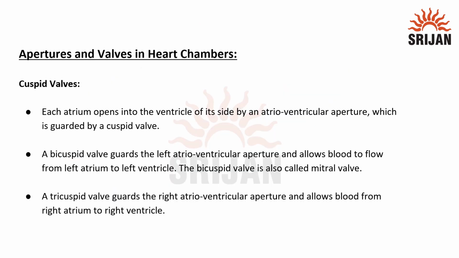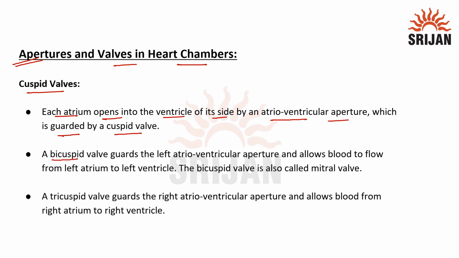Now let's understand about apertures and valves in the heart chambers. First are the cuspid valves. Each atrium opens into the ventricle of its side by an atrioventricular aperture. An atrioventricular aperture is guarded by a cuspid valve.